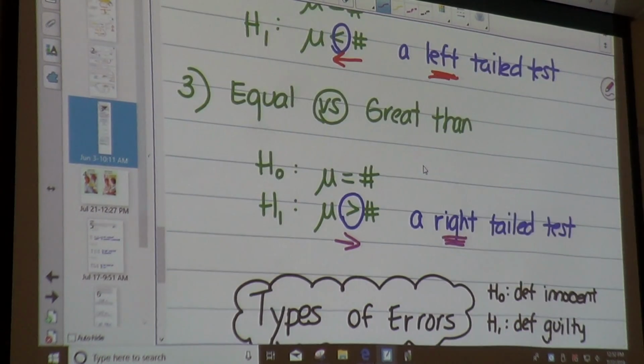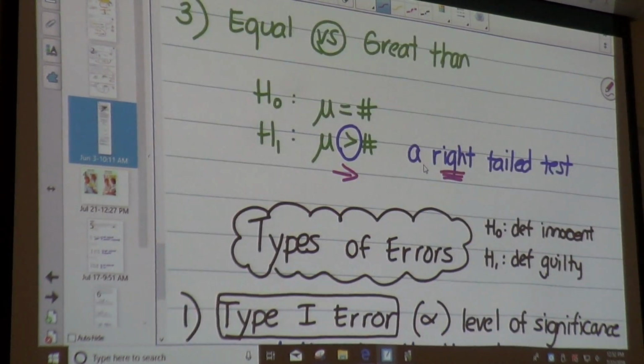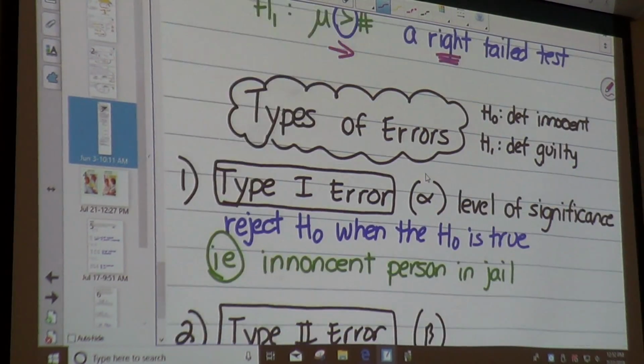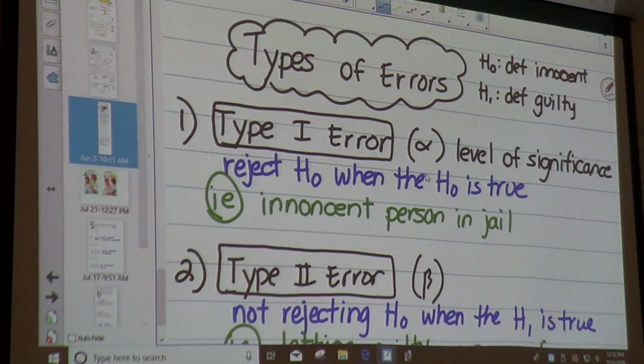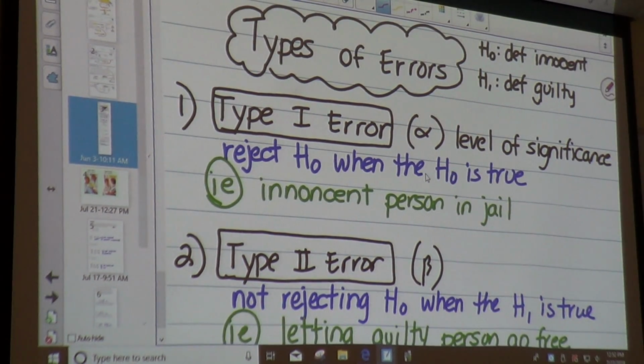All right, last thing on this page: two types of errors. Our example was H naught, our defendant was innocent; H1, our defendant was guilty. Type 1 error is alpha.